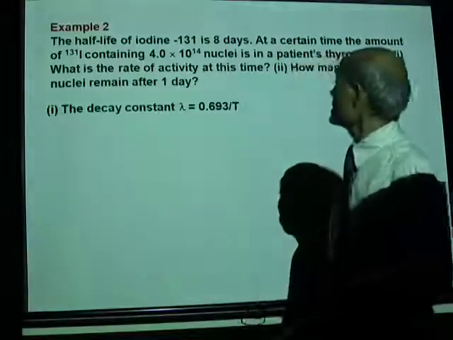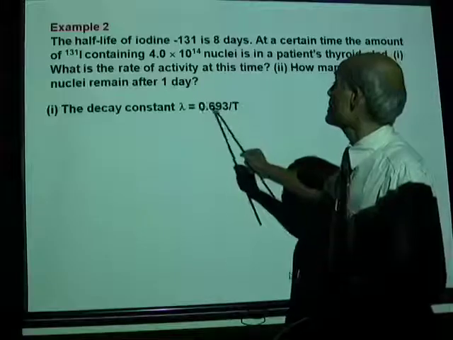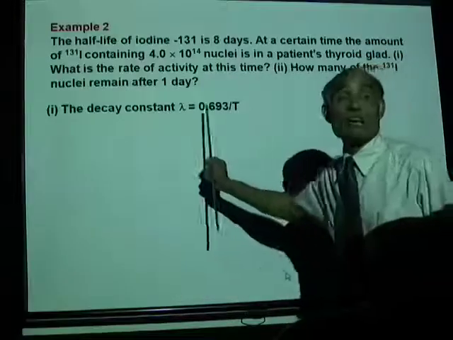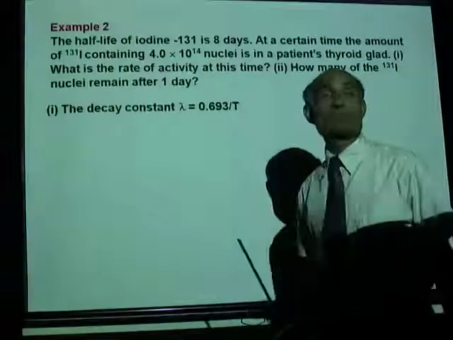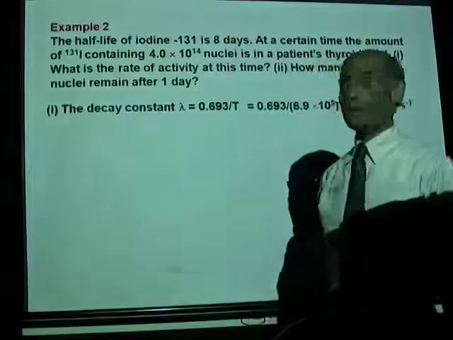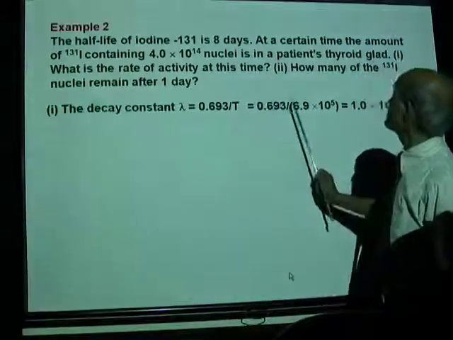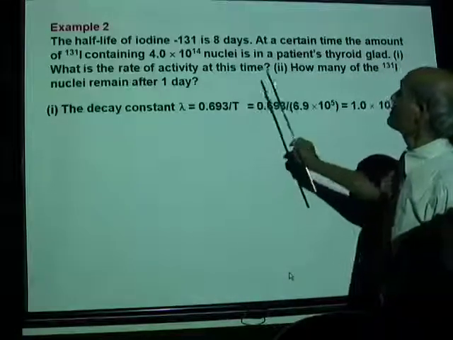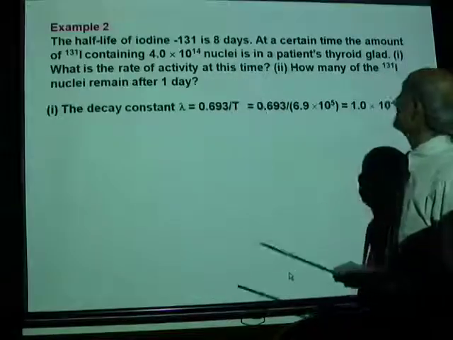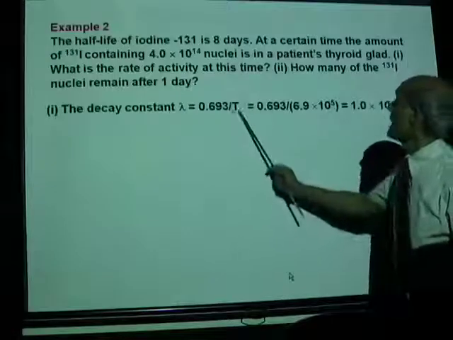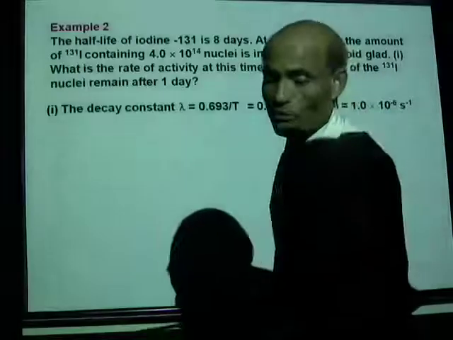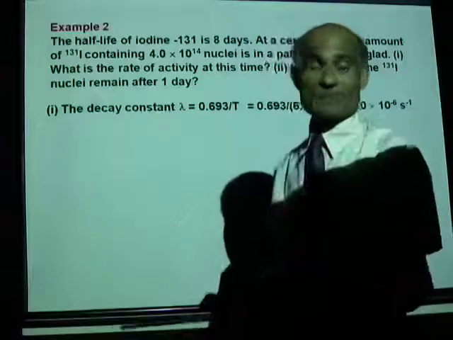The decay constant is lambda equal to 0.693 divided by the half-life. This is the relation we established in the beginning, so that will be very useful. And in this case, we know the half-life. Is that right? The half-life of iodine is 8 days. And therefore we can find the decay constant.